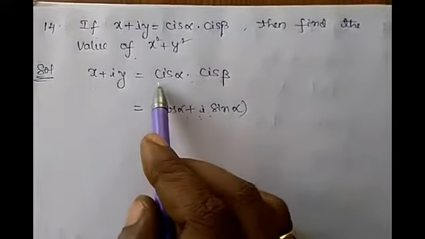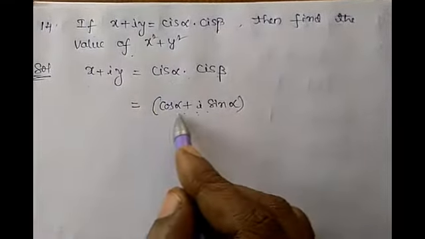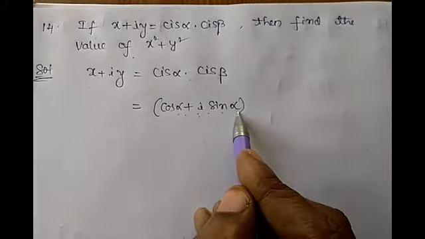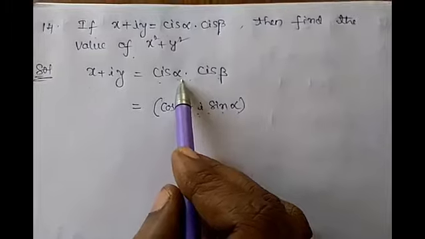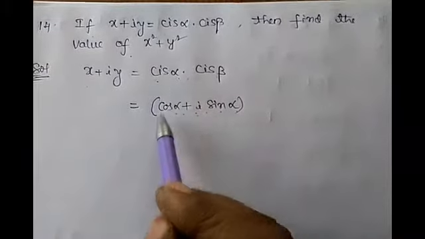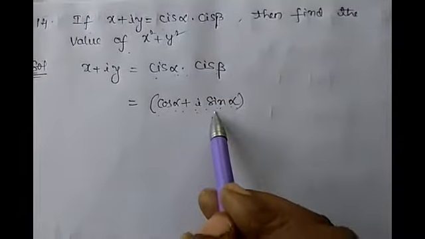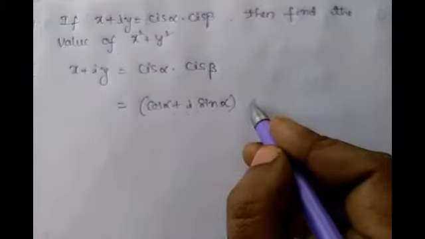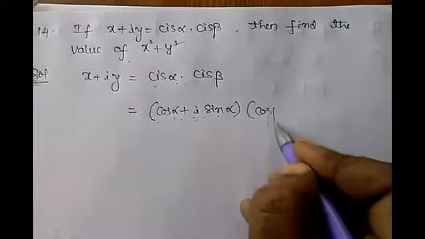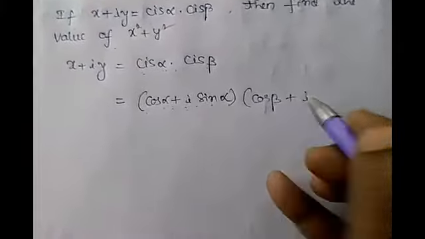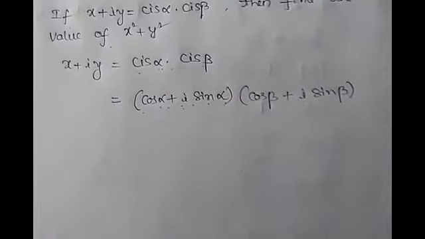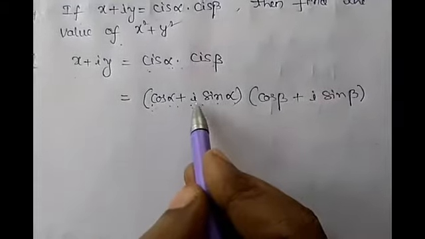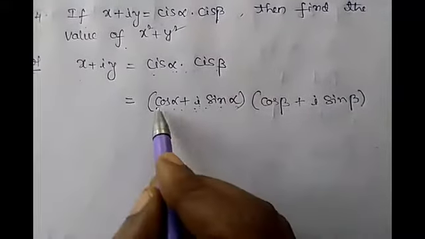Understand carefully. Cis alpha equal to cos alpha plus i sin alpha. Instead of cos alpha plus i sin alpha, you can write cis alpha. So cis alpha can be converted as cos alpha plus i sin alpha. Again, cis beta means cos beta plus i sin beta. Understood?